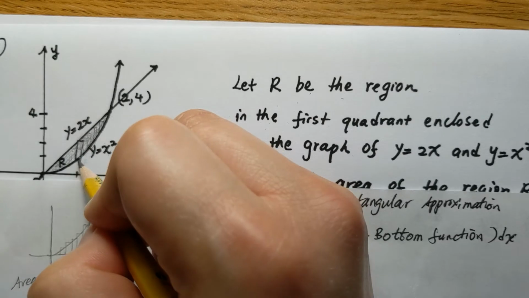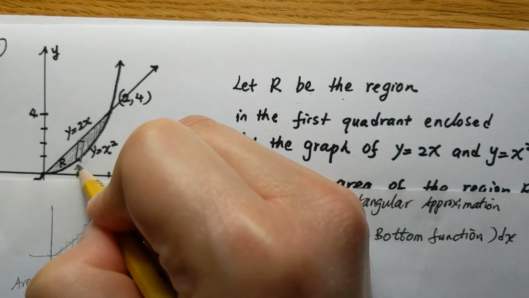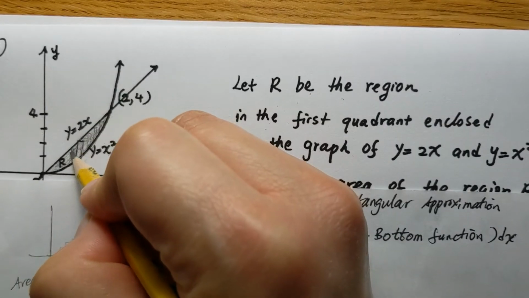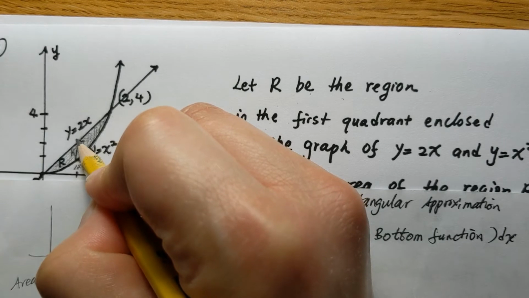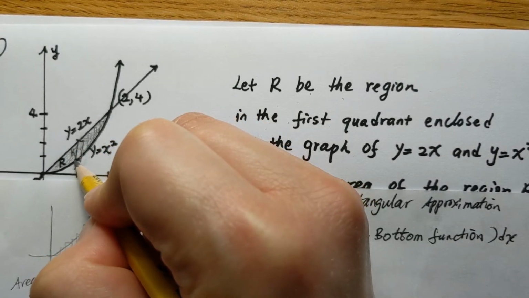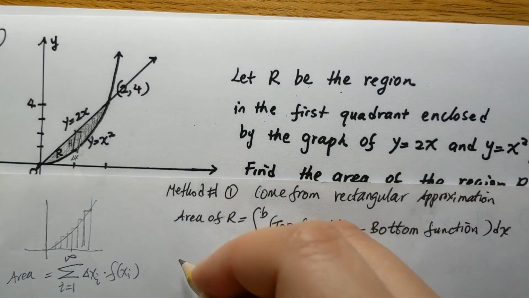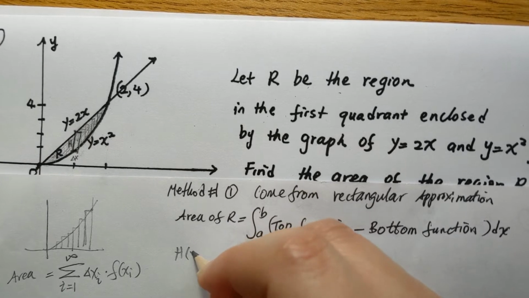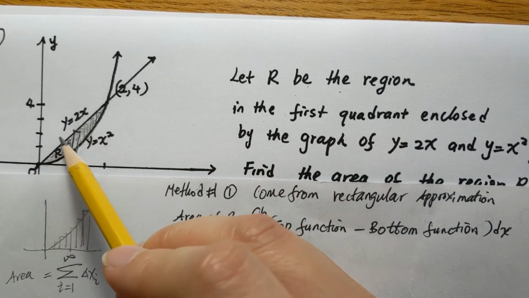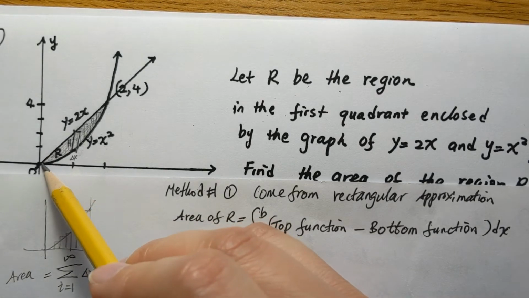If this is one rectangle, the base is delta x, and this is the height. You will find that the height is bounded above by y equals 2x and bounded below by the bottom function y equals x squared. So we say that the height is a function of x.